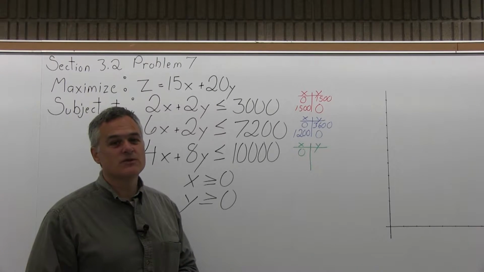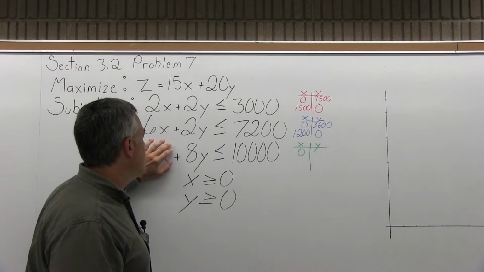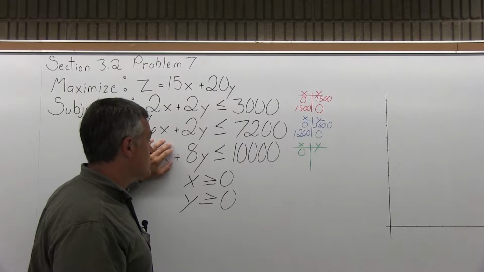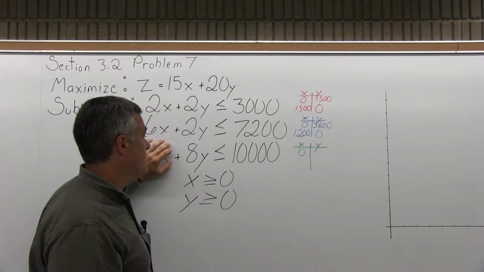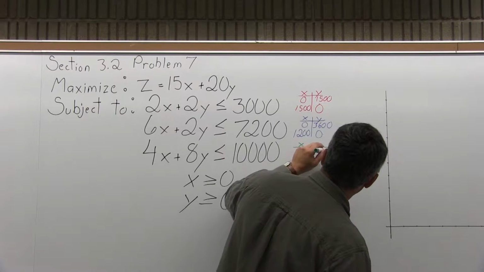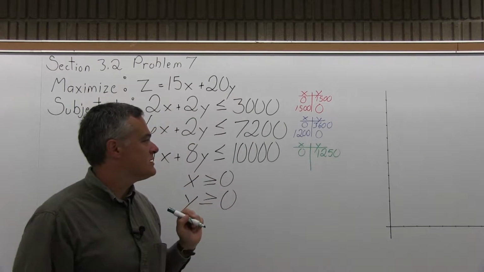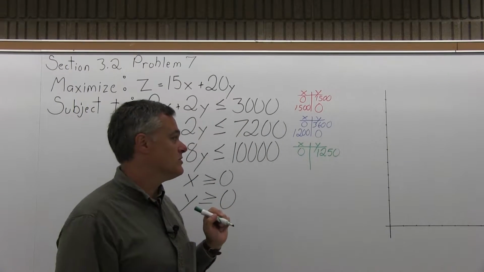I'm going to pretend this 4x plus 8y equals 10,000. And then if I 0 out the x, it really becomes 8y equals 10,000. That's what I pretend I have. If I divide out the 8, the answer I get is y is 1,250. So if x is 0, y is 1,250 would make the equation true.